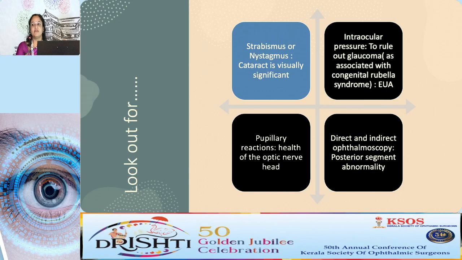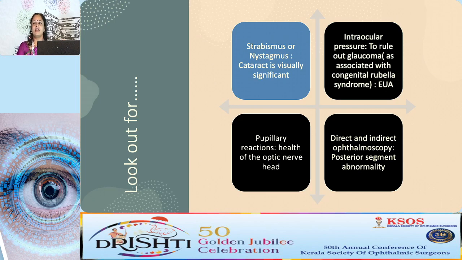Sometimes the evaluation may be done just before you're planning a cataract surgery. Remember to look at the pupillary response. It's very difficult to get in a child, but it definitely helps in ruling out any retinal or posterior segment causes. A direct and indirect ophthalmoscopy examination is important to rule out posterior segment abnormality.